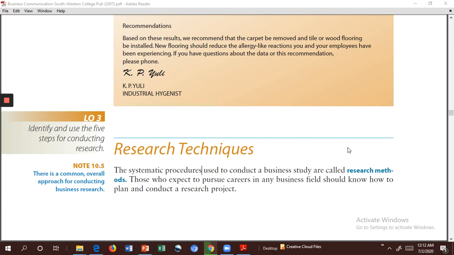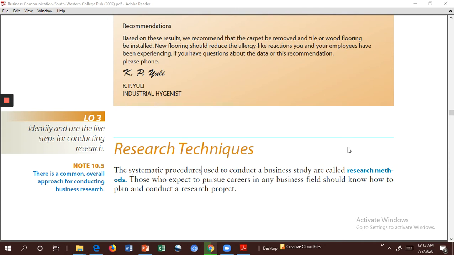The systematic procedure used to conduct a business study is called research methods. Now, see, when you join an organization, you may encounter a problem, right? As a manager or as an employee, which concerns you because the company is facing an issue and everybody is being impacted.